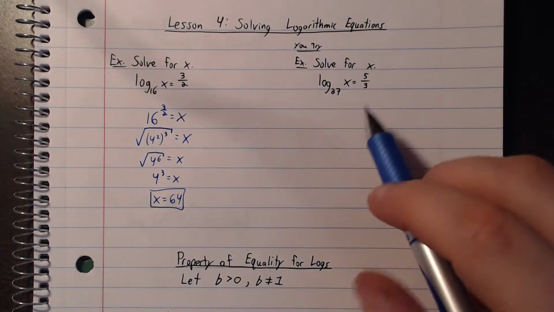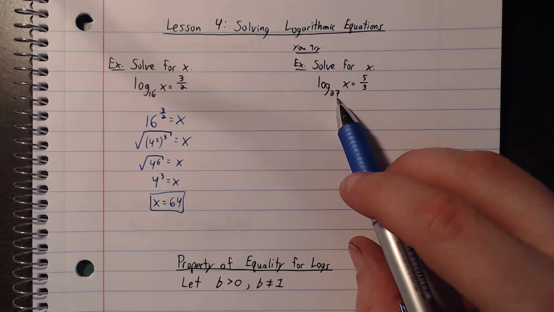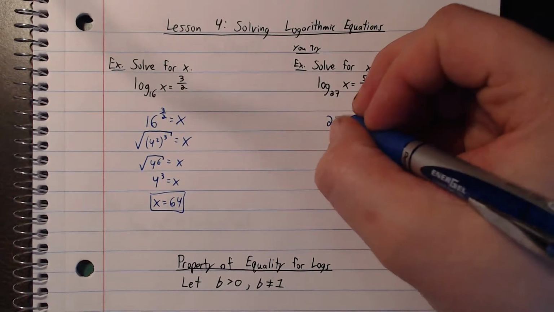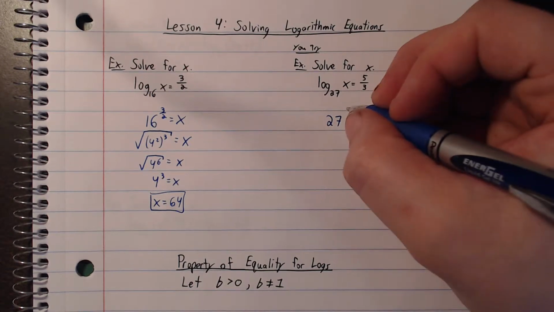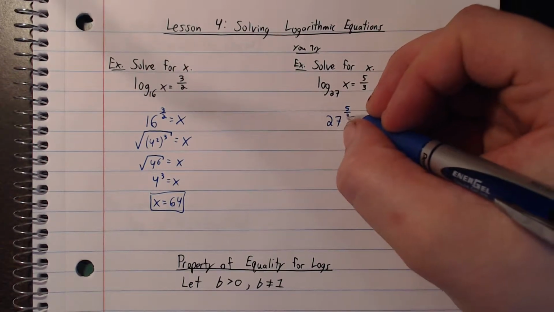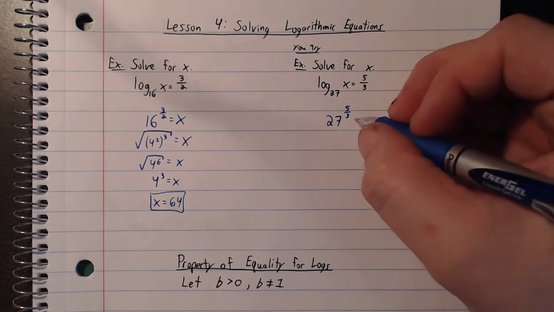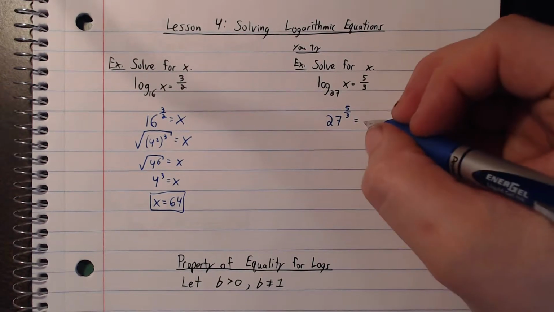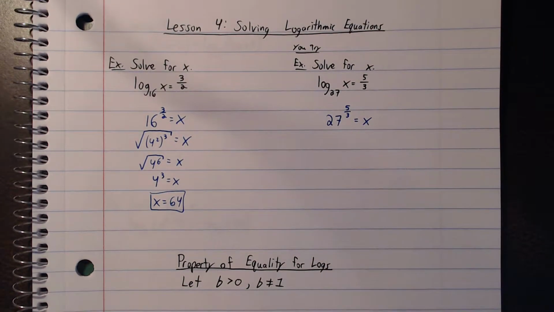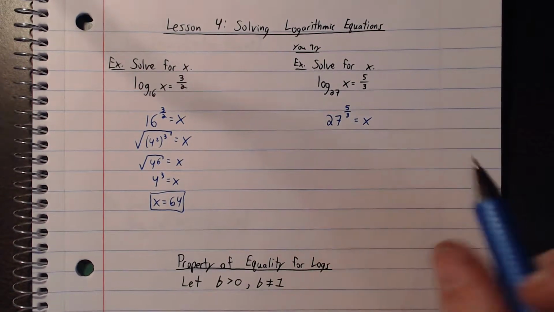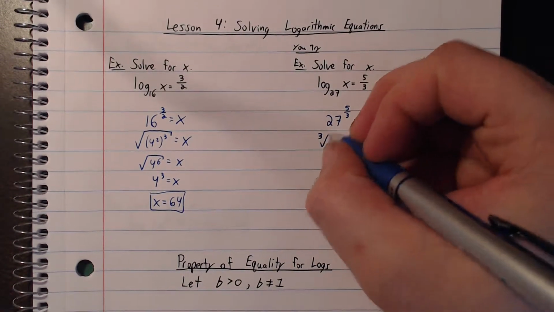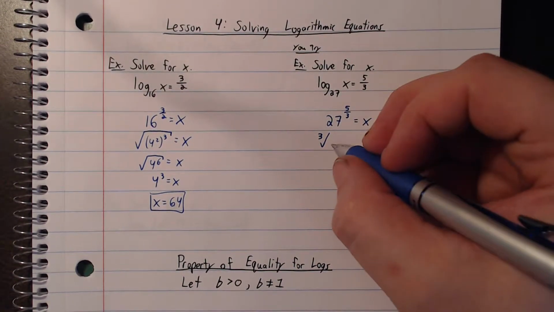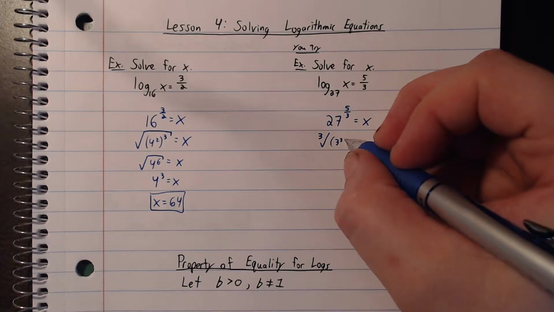Alright, let's check out how you did. We want to keep the same base, 27. We're going to raise it to the power of 5 over 3, and it's going to be equal to x. This suggests cube root, and I'm going to break 27 up into 3 to the third.